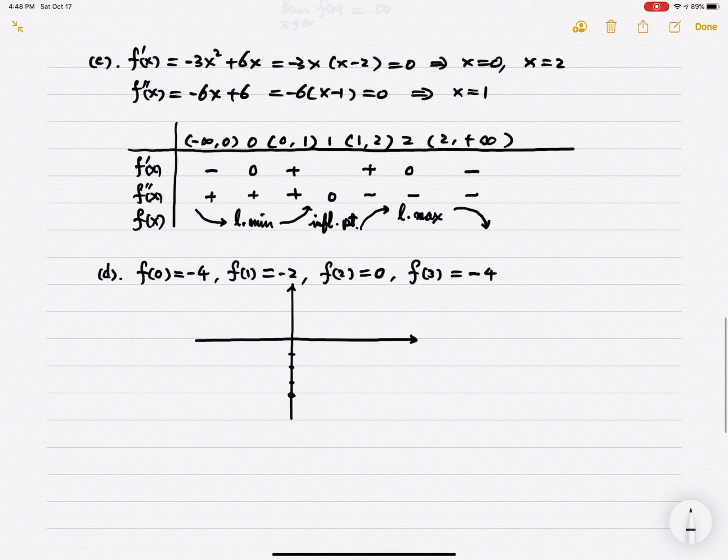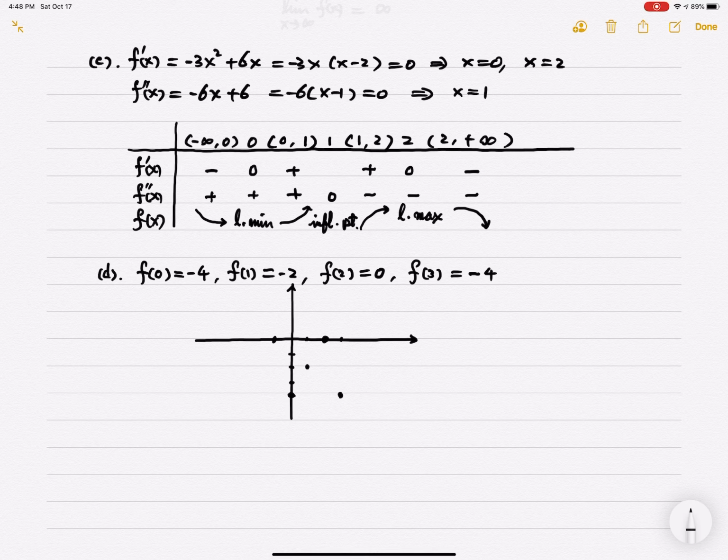And then negative 1, 0, that's the x-intercept here. We have this point. And then we have 2, 0. So 1, 2, this point. And then we know at 1 the function equals negative 2, so it's this point. And then at 3, the function equals negative 4 again. Now those 5 points, 1, 2, 3, 4, 5.